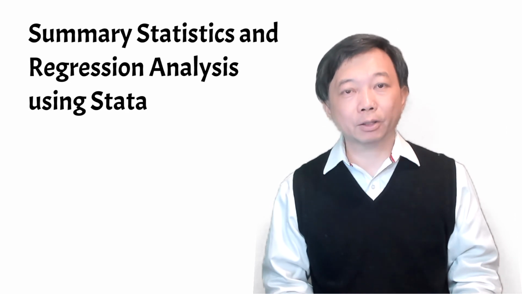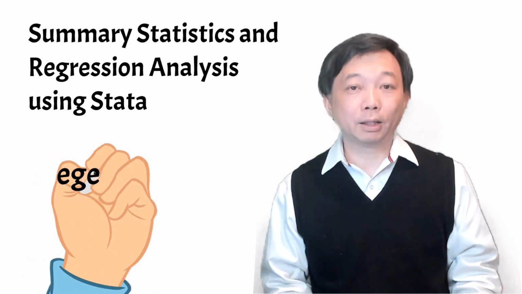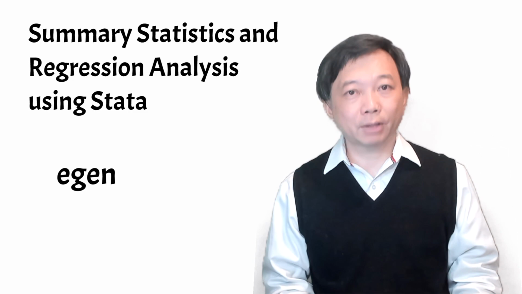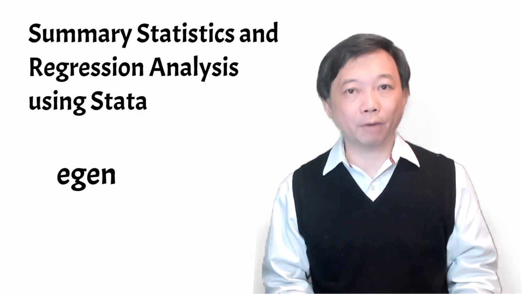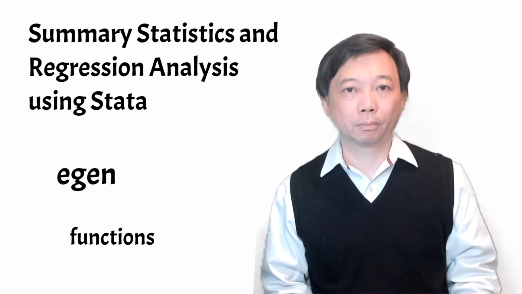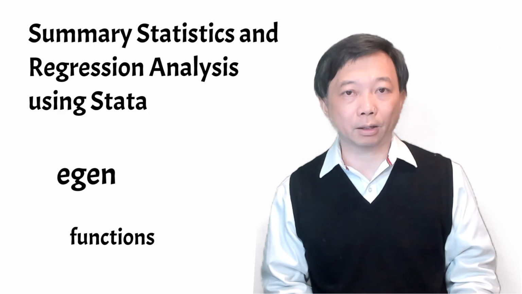Today, we will explore the egen command. The egen command creates new variables from existing variables using functions. It is more powerful than the generate command, making some complicated coding much easier.